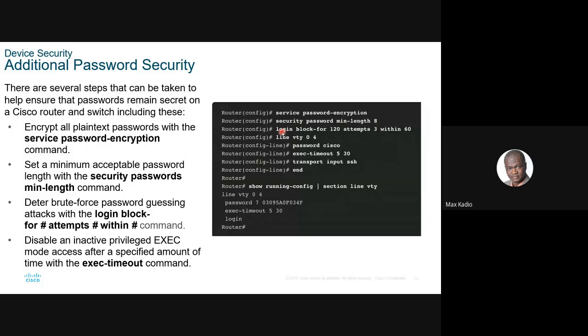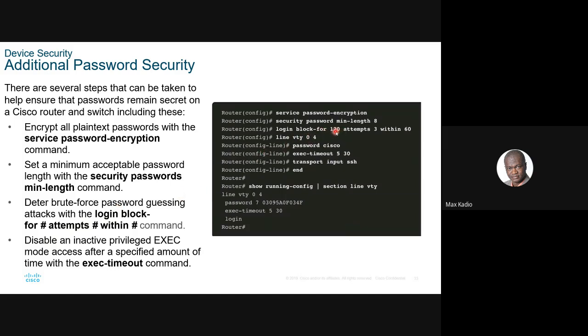Now there is another one called login block-for. If you try your password, be careful now. If you try your password 3 times and it's wrong, it's going to lock you out for 1 hour, for 2 hours, for 1 minute. It depends on how many minutes you set up. So block for 120 seconds.